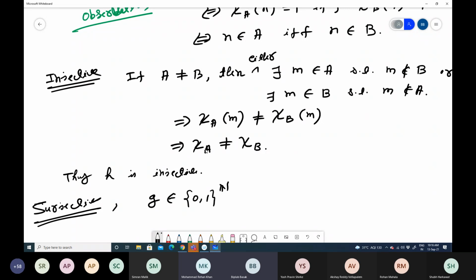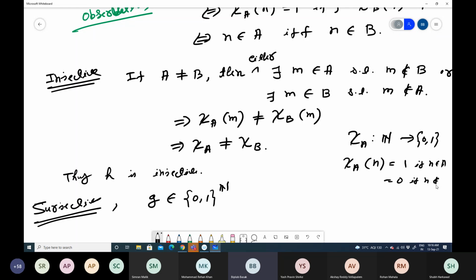Chi_A is defined from n to {0, 1}, such that chi_A(n) equals 1 if n belongs to A, and it is 0 if n is not in A.